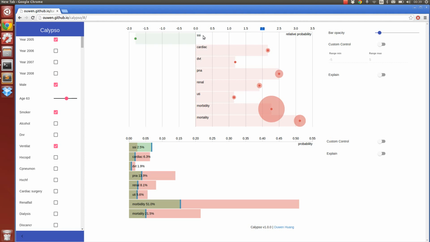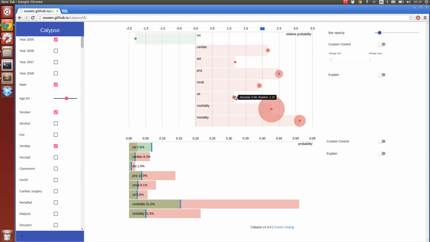And so in this case, cardiac, this patient is 3 times more likely to incur some cardiac risk versus around 2 times less likely to incur some surgical site infection. So these spheres, the larger the sphere, the greater the absolute risk.